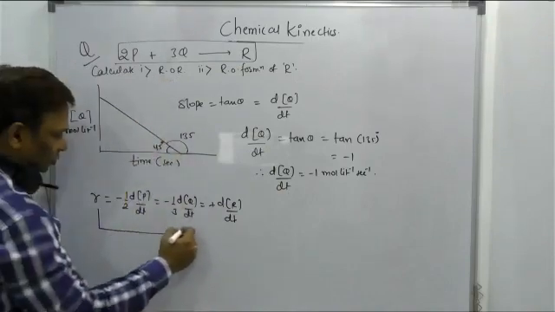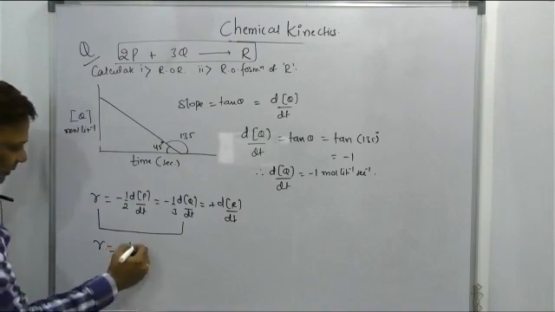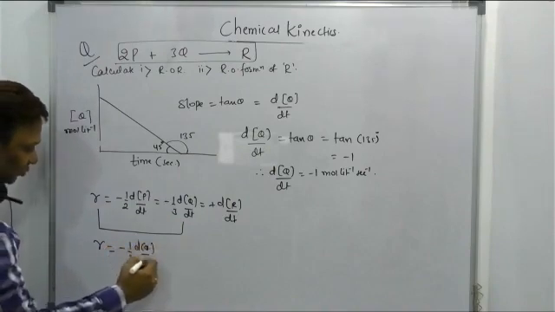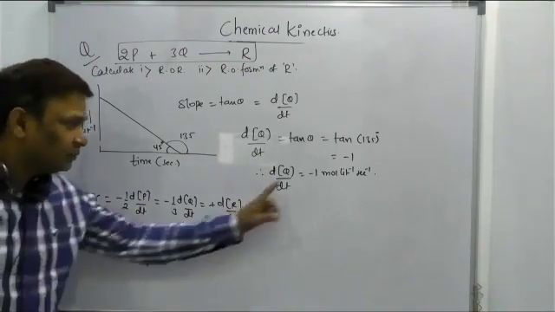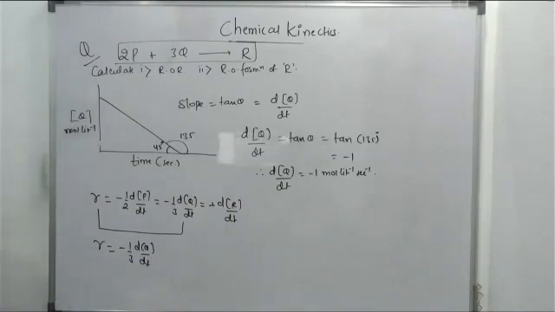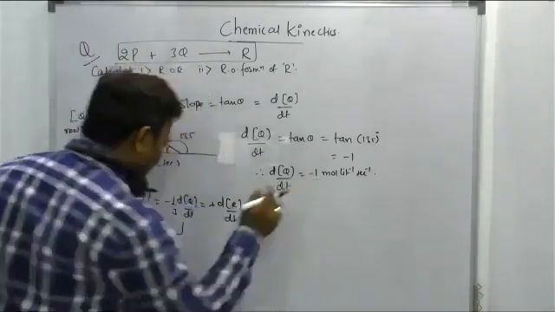Can you compare these two? Yes, sir. Our ROR is equal to -1 by 3 d concentration of Q by dt. But what is the value of dQ by dt? It is -1. So directly we can say dQ by dt is equal to -1.